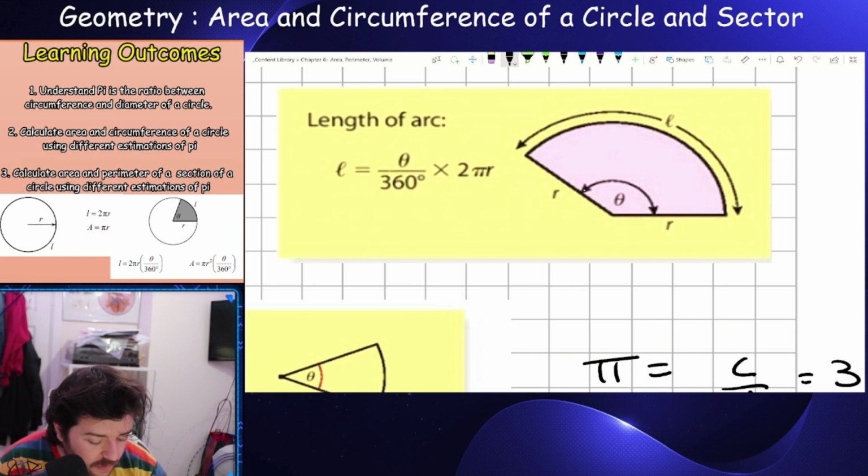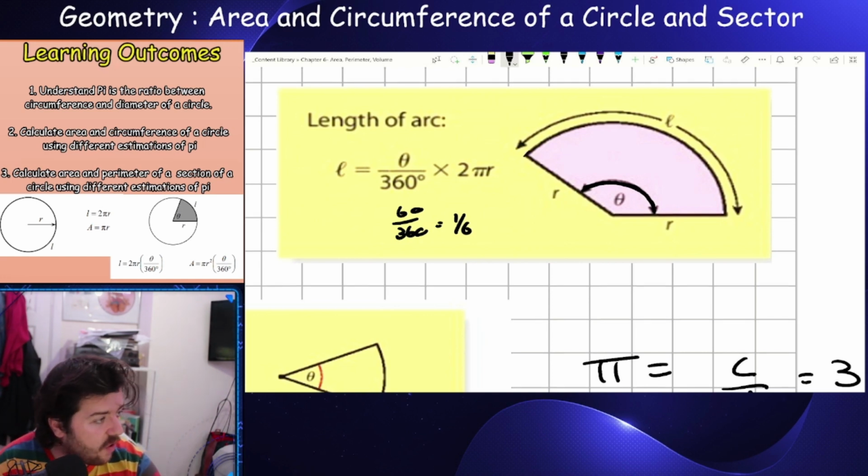If this segment is theta degrees, the Greek symbol for theta, I find what fraction of the circle I'm dealing with. If this was, say, 60, I'm dealing with 60 over 360, or 1/6 of a circle. Then I multiply that by the circumference, and that gives me the length of the curvy bit.